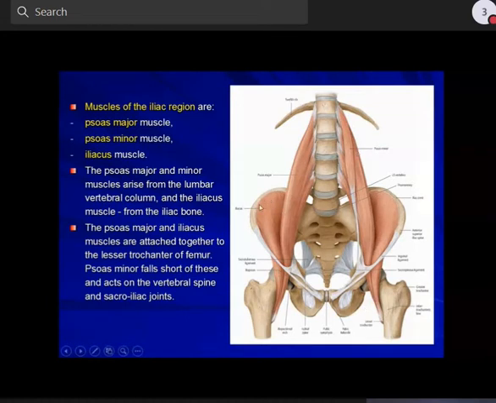The iliacus is a very thick muscle. So because of this, the iliopsoas is a very strong muscle. And the psoas major is not very thick, but it's extremely long.